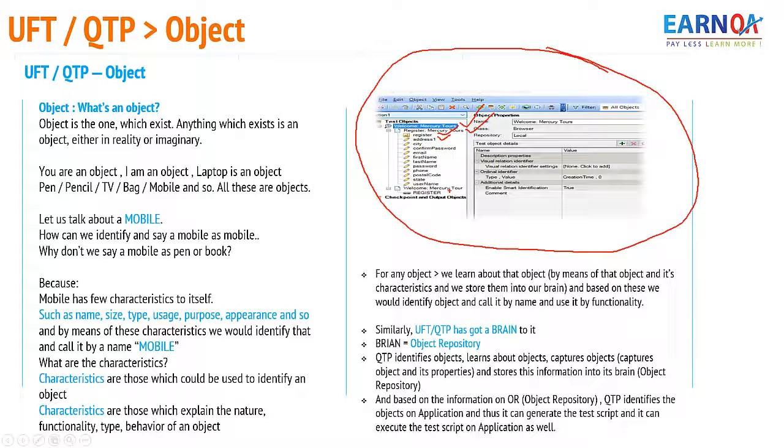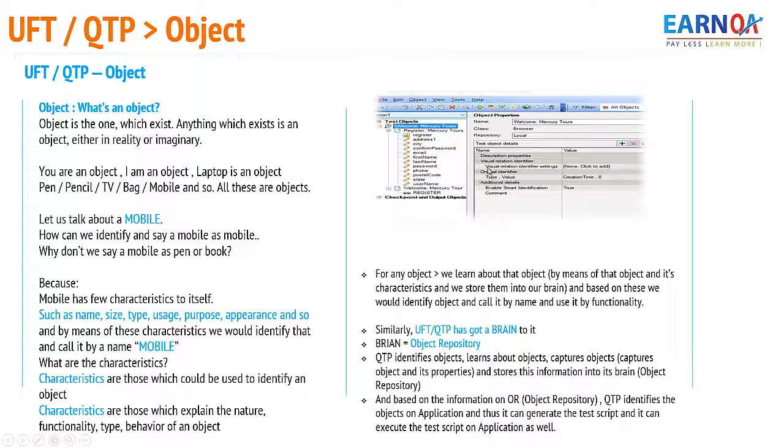It identifies everything. Not only that, against each and every object it has the properties. A class type of browser, it has a unique name.